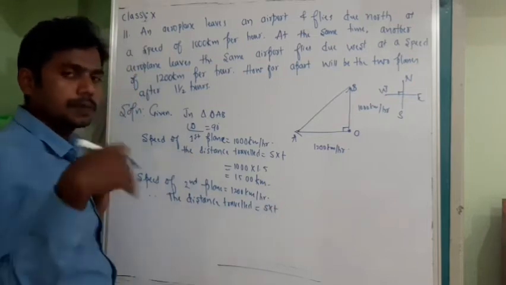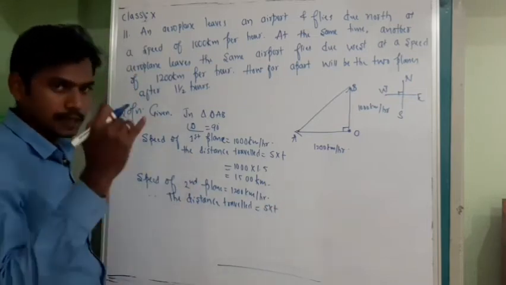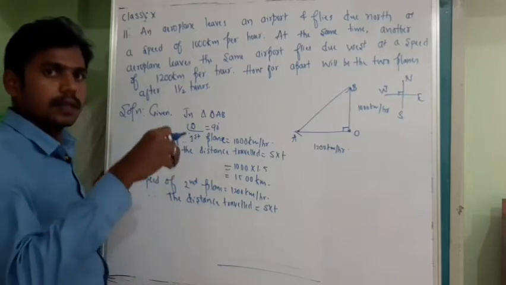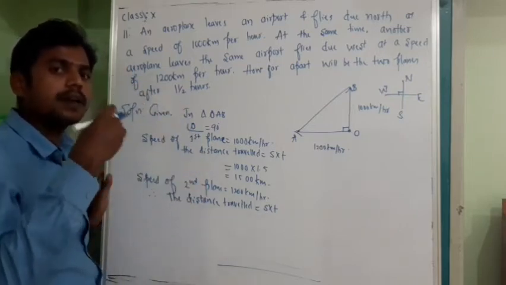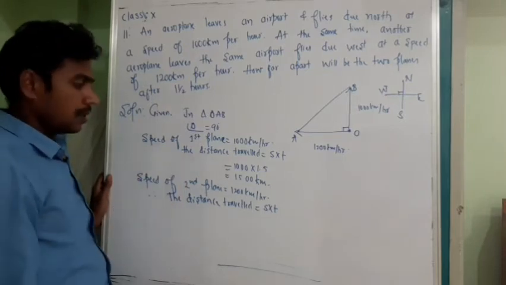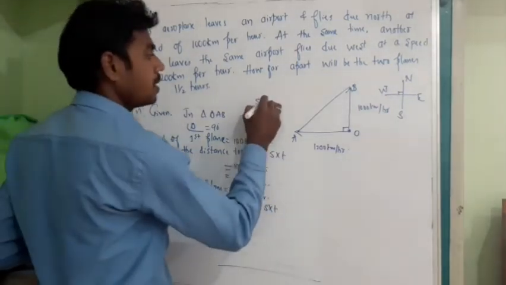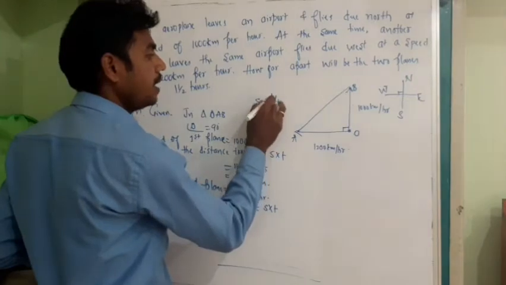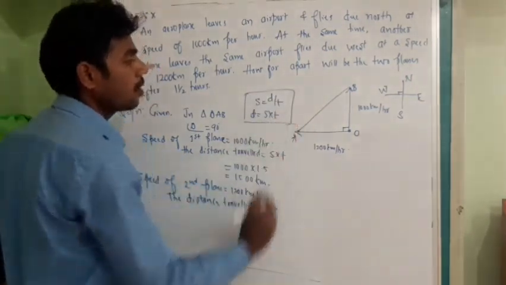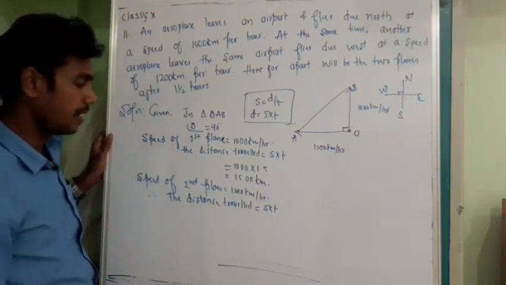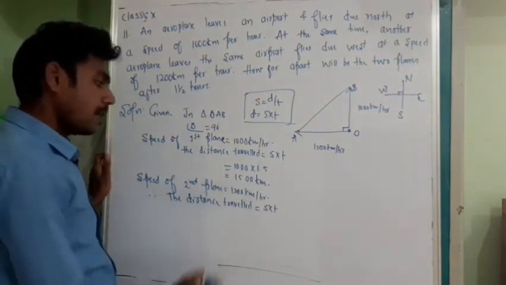See, speed is equal to distance by time. The distance traveled by a particular object in a particular time, we call it speed. So remember, speed is equal to distance by time. But I need distance, so it will be s into t. This is the basic; I think you have studied it in the 8th or 9th standard. The distance traveled is equal to s into t.